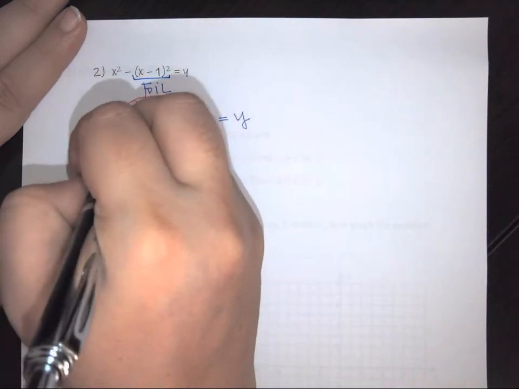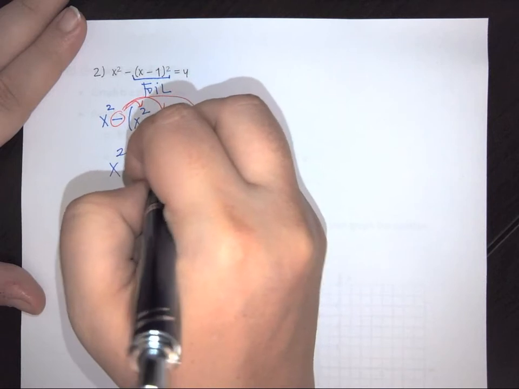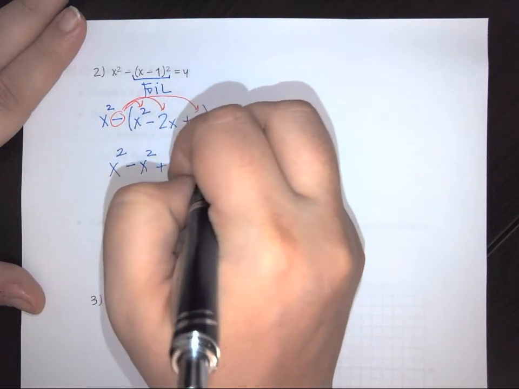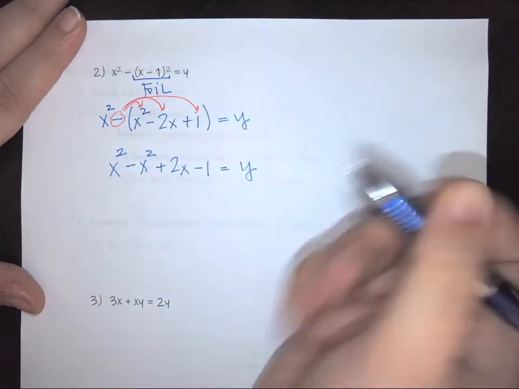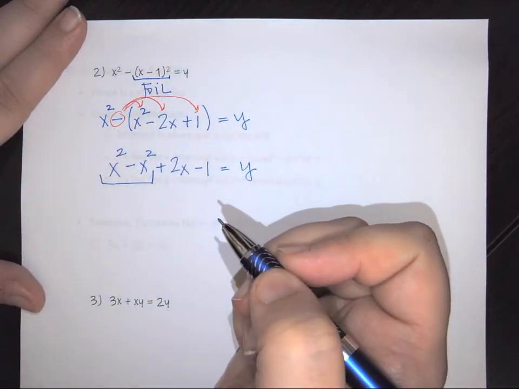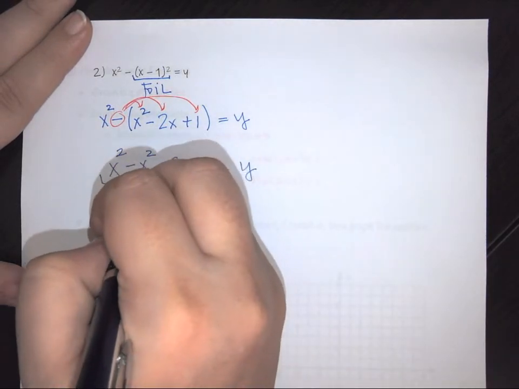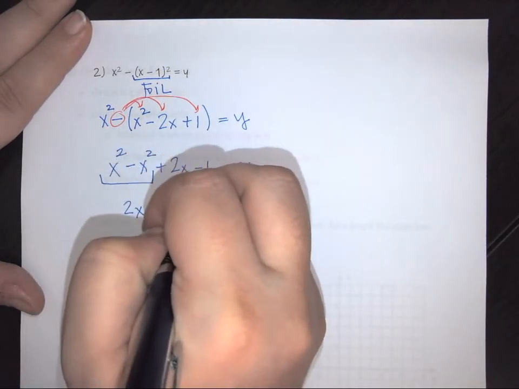So this is going to be my x squared, then I have minus x squared plus 2x minus 1 equals y. And if we notice, those are going to combine and go away, leaving me with 2x minus 1 equals y.